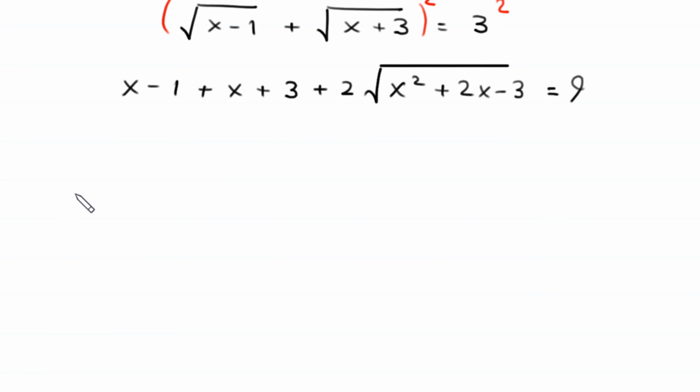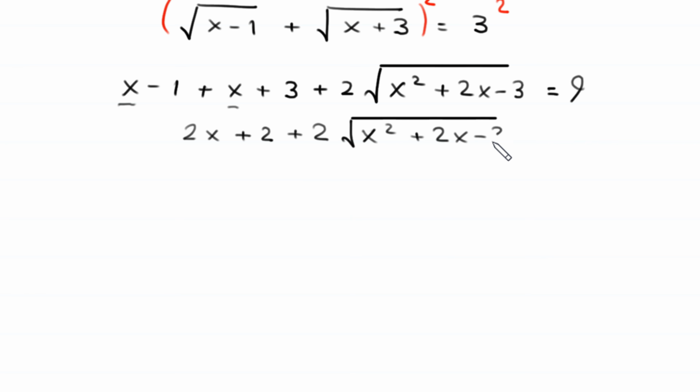Further simplify, this will become 2 times x, and negative 1 plus 3 is 2, plus 2 times square root of x squared plus 2 times x minus 3 equal to 9.